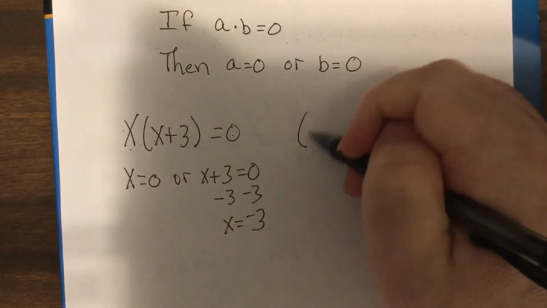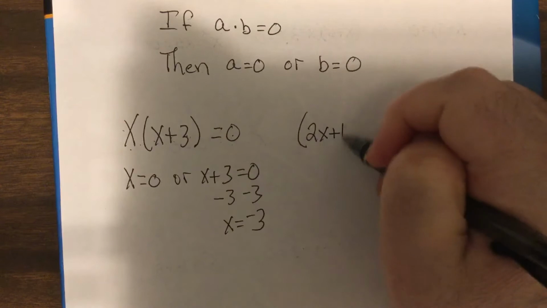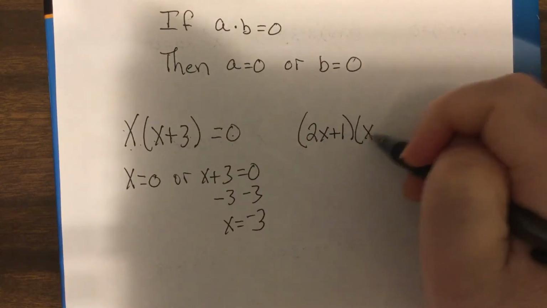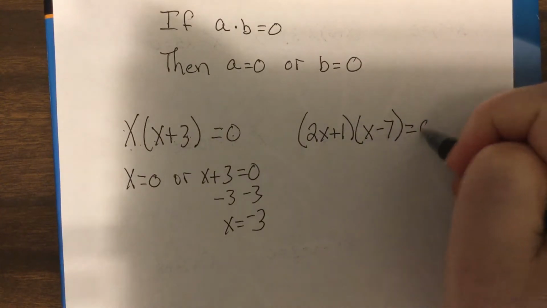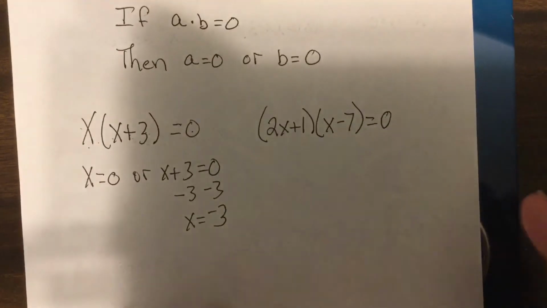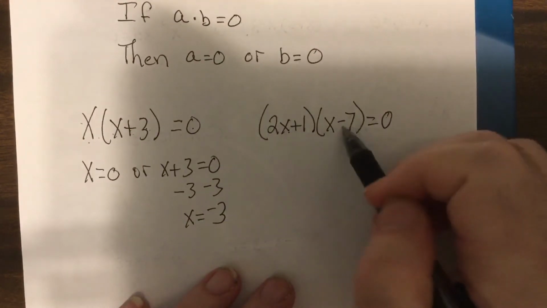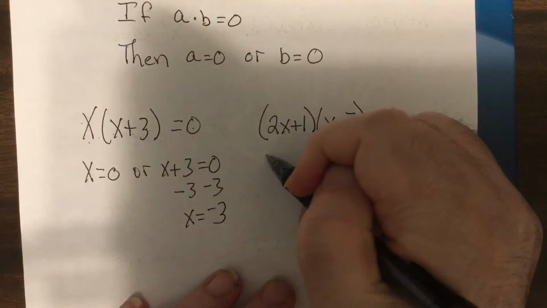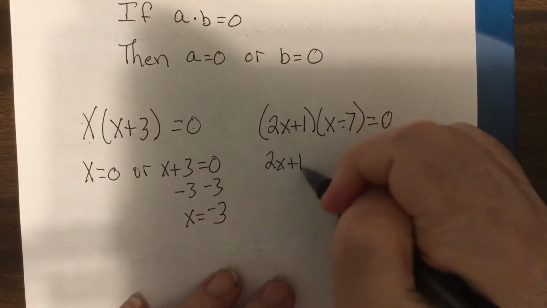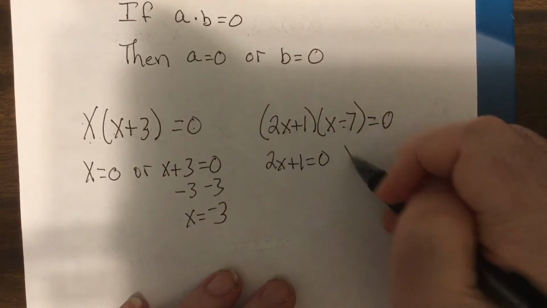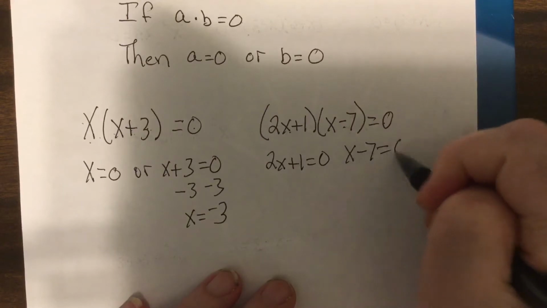So let's look at this one. (2x plus 1) times (x minus 7) equals 0. Well, you say, wait a minute, I have something times something equals 0. So either 2x plus 1 equals 0 or x minus 7 equals 0.